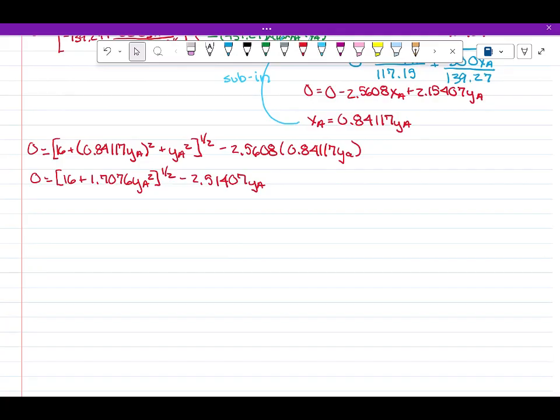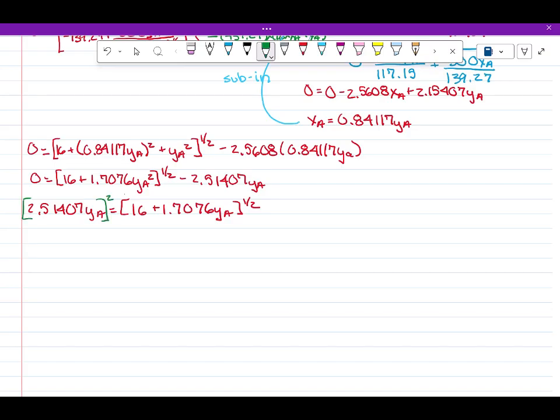To make this easier to visualize, I'm going to move my ya component to the left-hand side. So I have 2.51407 ya is equal to 16 plus 1.7076 ya to the power of 1/2.